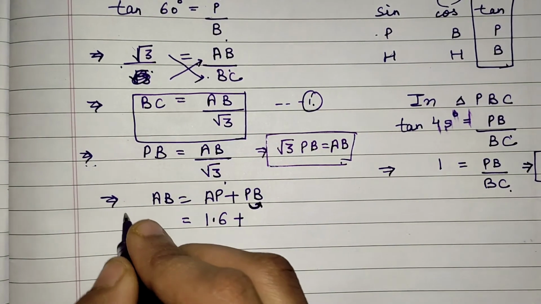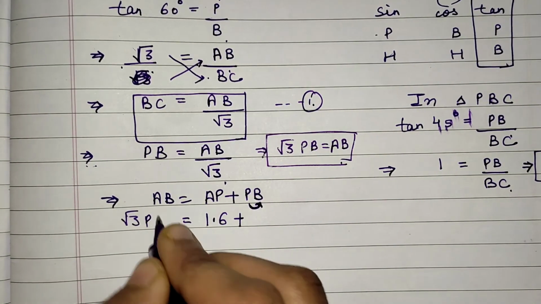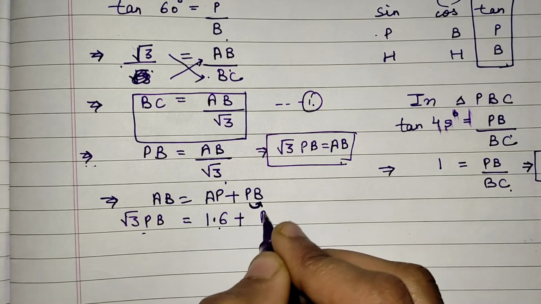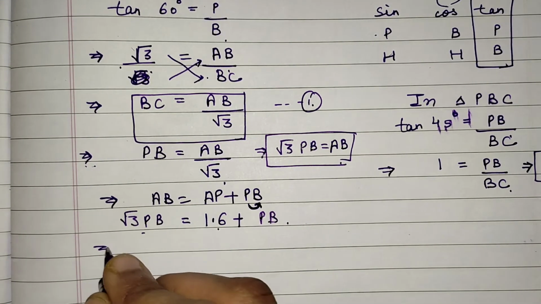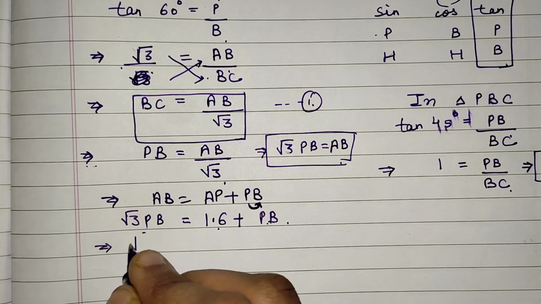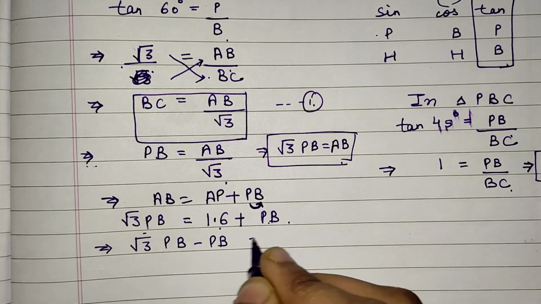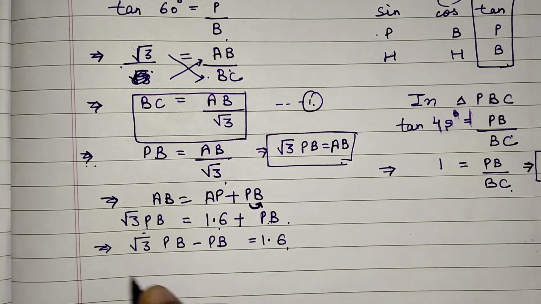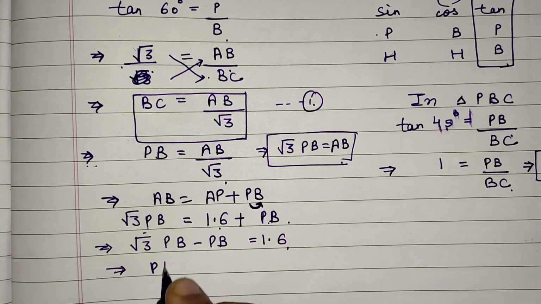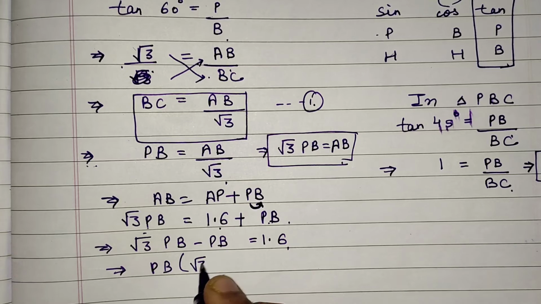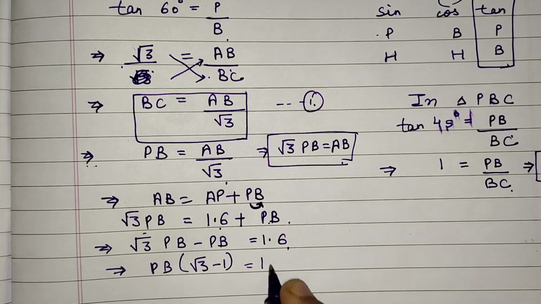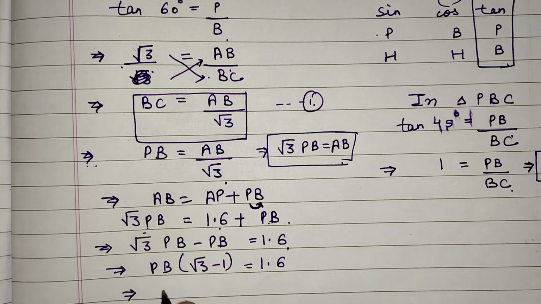Put the value here: root 3 PB is equal to 1.6 plus PB. PB will come to this side and get subtracted. Taking PB as common, PB into (root 3 minus 1) is equal to 1.6.